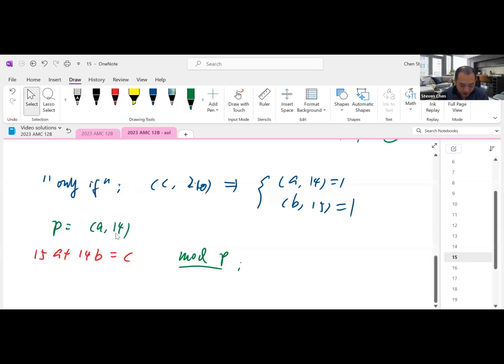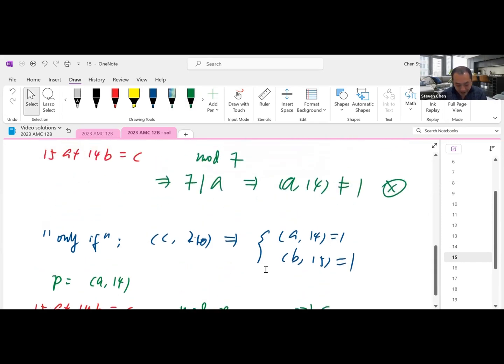What about the second term? Again, 14 is divisible by P, so it's congruent to 0 modulo P. So it requires that P must divide the right-hand side C. So C is a multiple of P.